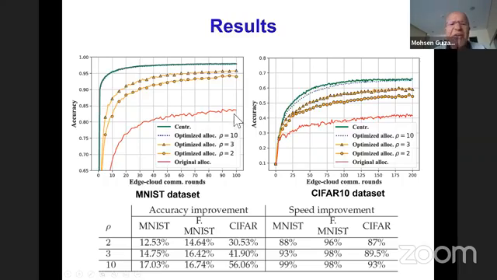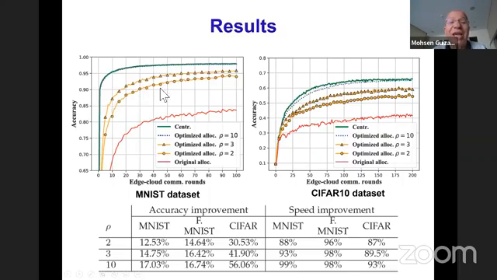If we extrapolate this to the yellow curves where we used hierarchical federated learning, you can see that we can reach this accuracy in only 11 to 12 rounds.